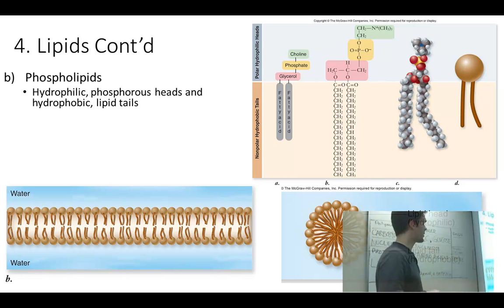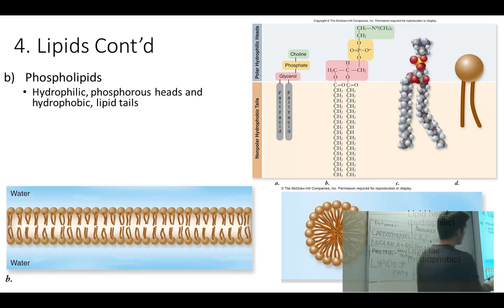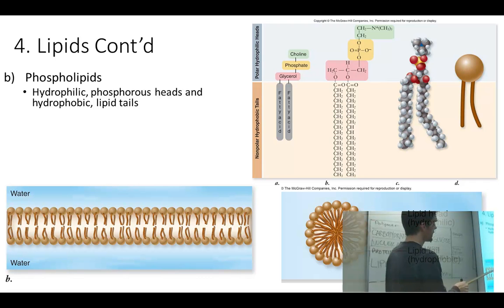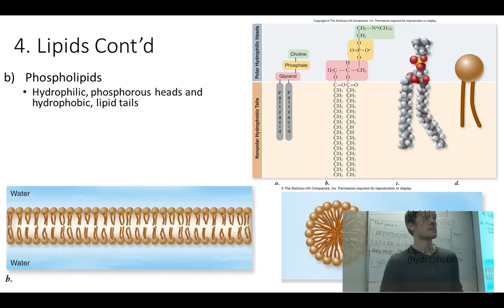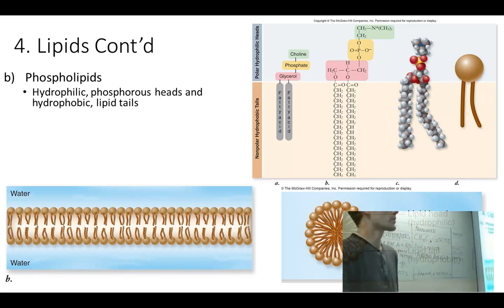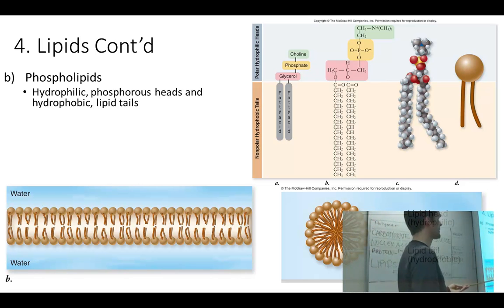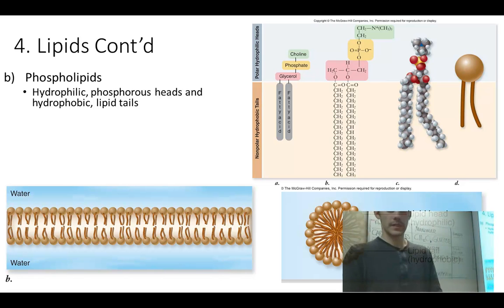These are important because if you have all of the phospholipid heads pointed towards the outside, and the lipid tails pointed towards each other, you can make a phospholipid bilayer, and that's what makes up your cell membrane. This is important for every cell. They have to be compartmentalized somehow. The phospholipid bilayer is how that works.